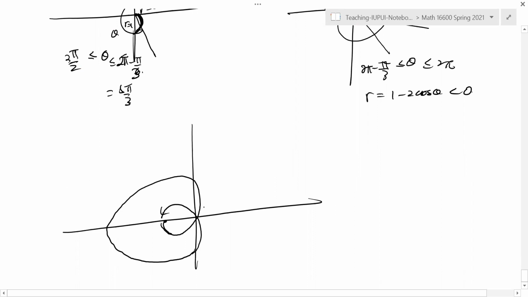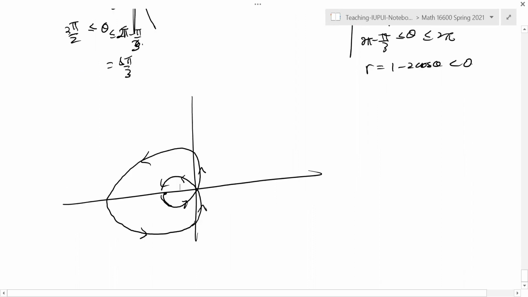So that is the picture you will get. The heart is kind of twisted. All right, so I'm going to stop here.